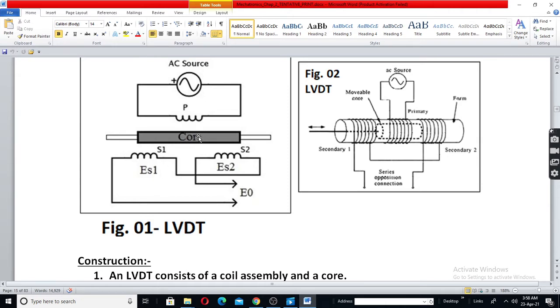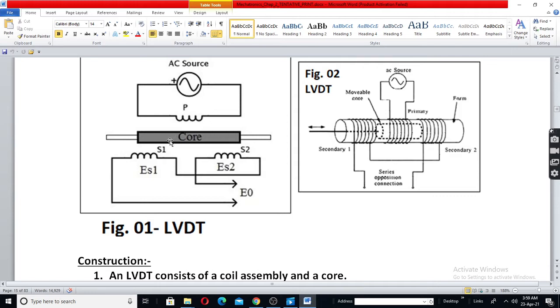If you move this to the left, ES1 will be higher and ES2 will be lower. So you will get some output here. And if the polarity of ES1 and the primary is the same, the phase angle of the output will be the same as the input.